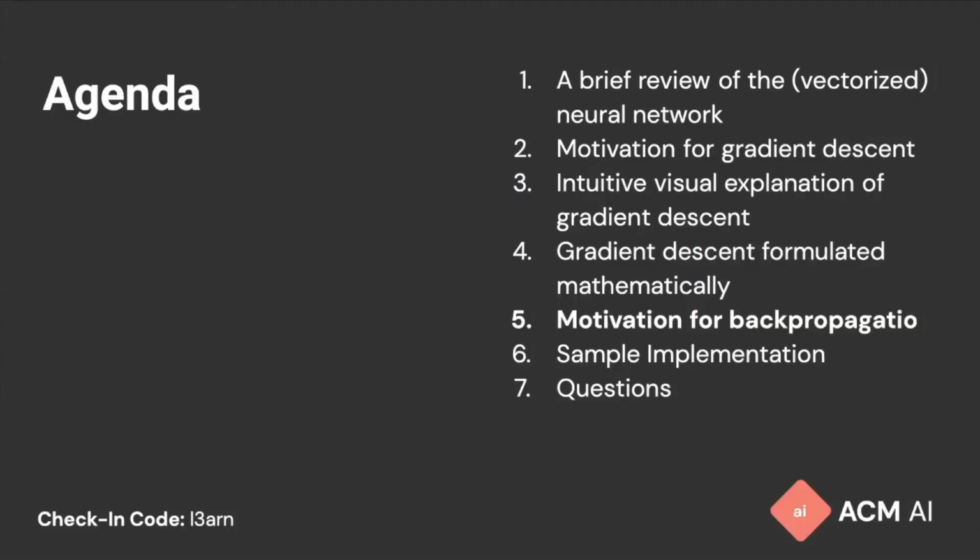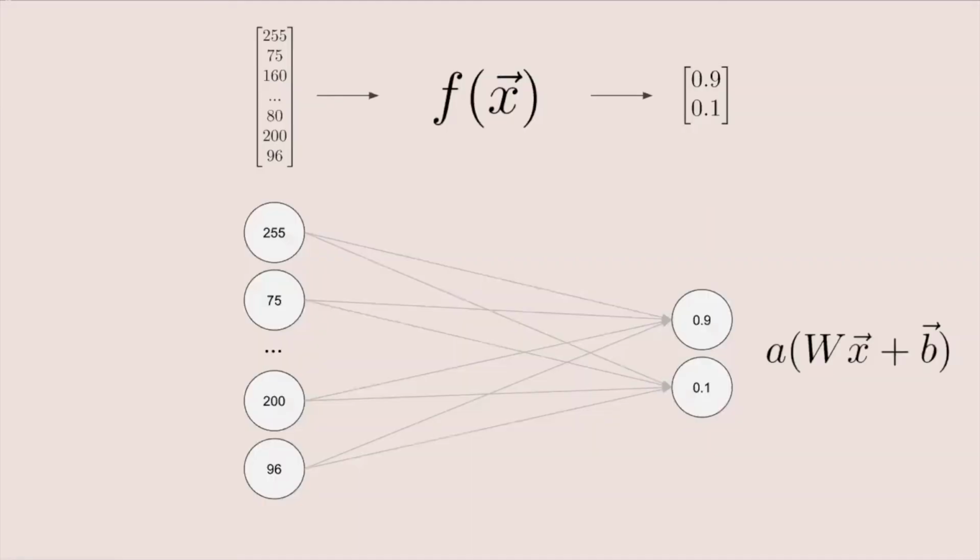And so now we're moving on from gradient descent to backpropagation. So here, this is just a neural network with no hidden layers, and this is sort of how we would describe it mathematically.